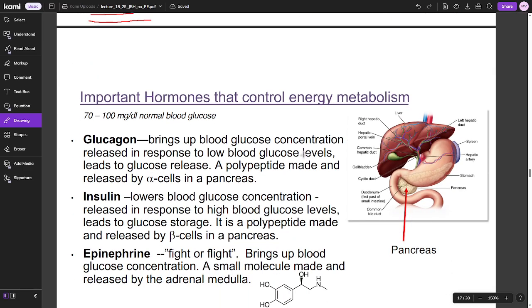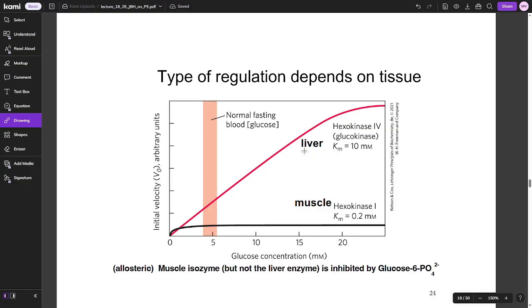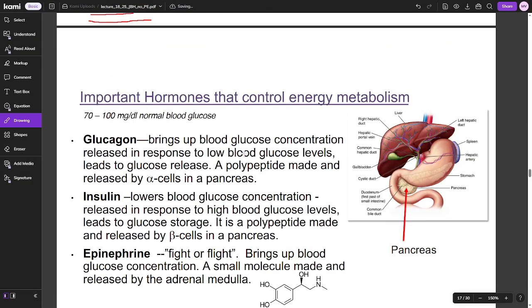Now, these are very important. You must know these. These are some of the hormones that are important in metabolism, and you have to know how these work, because it makes a very big difference. Insulin and glucagon are the two main ones, and then epinephrine is a bit of a fun one.